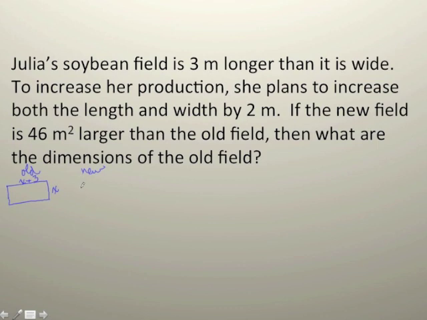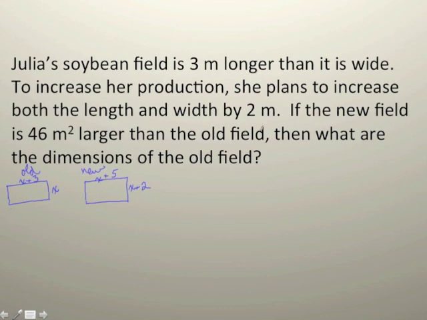Now, to increase production, she is going to increase both the length and the width by 2. And so my new width would be x plus 2, and my new length would be x plus 3 plus 2, or x plus 5.